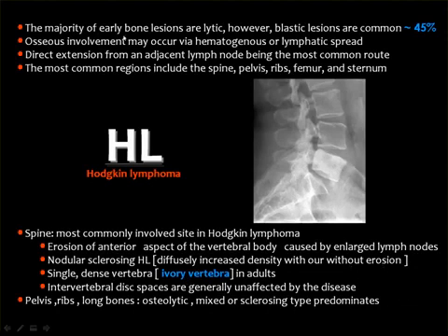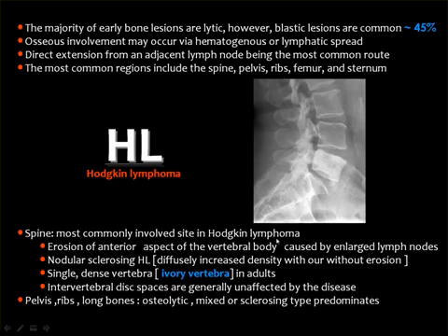The majority of the lesions are osteolytic, but blastic or osteosclerotic lesions are also common. And osseous involvement may occur by blood spread or by lymphatic spread or from direct extension from the adjacent affected lymph nodes. The most common sites to be affected by lymphoma are the spine, the pelvis, the ribs, the femur, and the sternum.